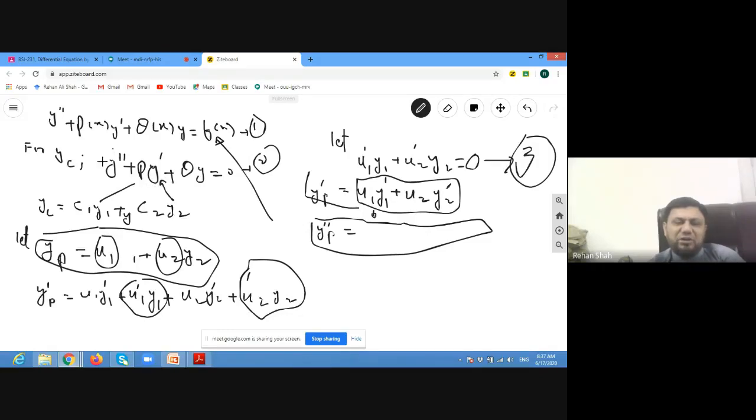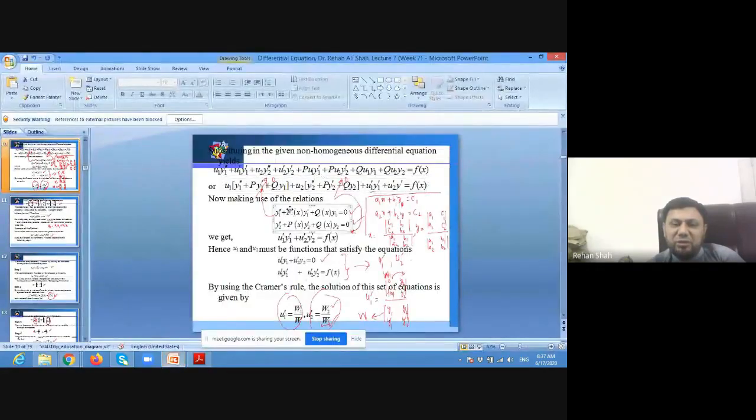So if you replace y by y1, this will give you 0, and if you replace y by y2, this will give you 0. So y1 double dash plus p(x) y1 dash plus q(x) y1 equals 0, and y2 double dash plus p(x) y2 dash plus q(x) y2 equals 0. So the coefficient of u1 must be 0, and the coefficient of u2 must be 0. If you take these two as 0, you will get u1 dash y1 dash plus u2 dash y2 dash equal to f of x. This is the second equation.